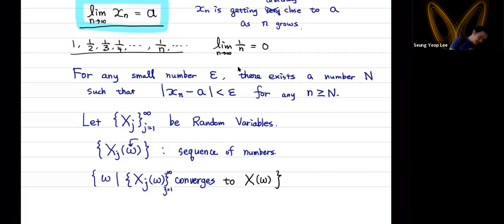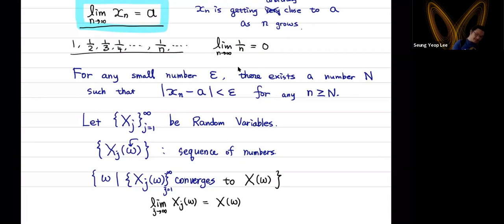So this is exactly the same thing as limit of xj of omega, omega is fixed, and j goes to infinity, is given by x of omega. So find all the omega that satisfy this equation. Xj are given random variable, x are also given random variable.